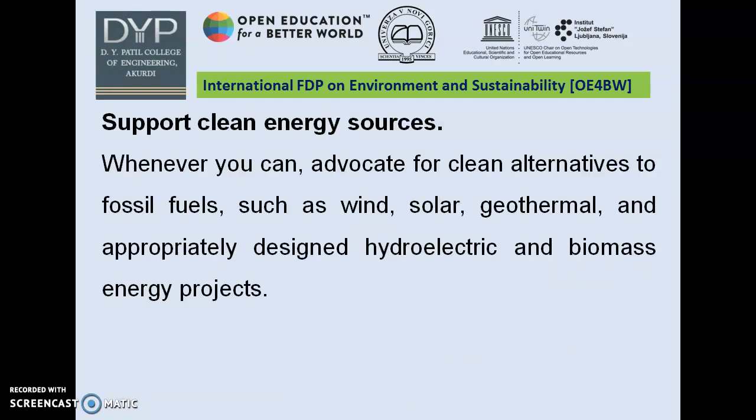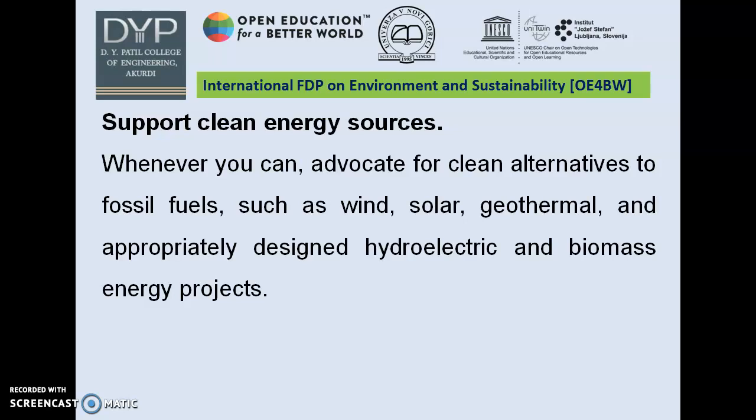And support clean energy sources. Here, whenever you can, advocate for clean alternatives to fossil fuels such as wind, solar, geothermal, and appropriately designed hydroelectric and biomass energy projects. So support clean energy resources. Here are the alternatives for fossil fuels.